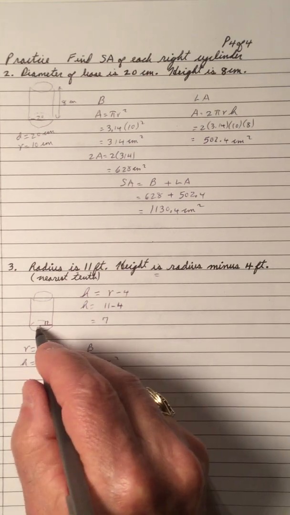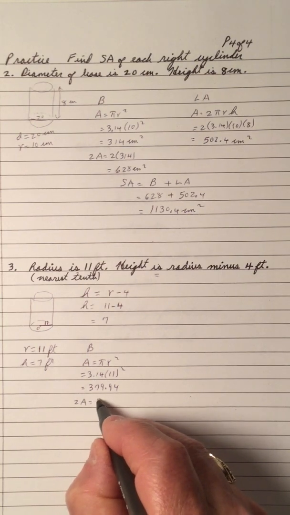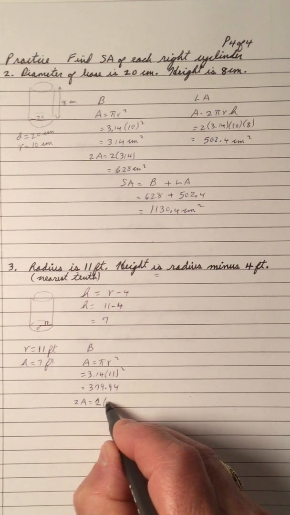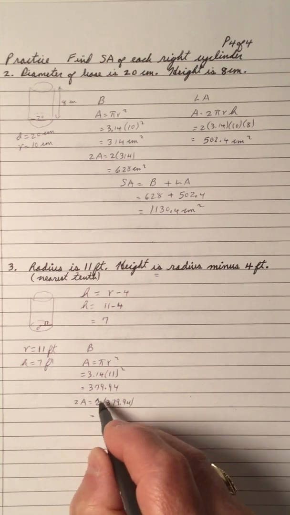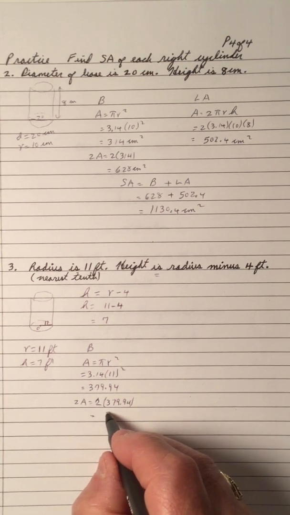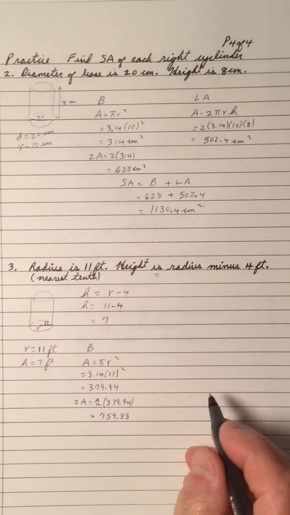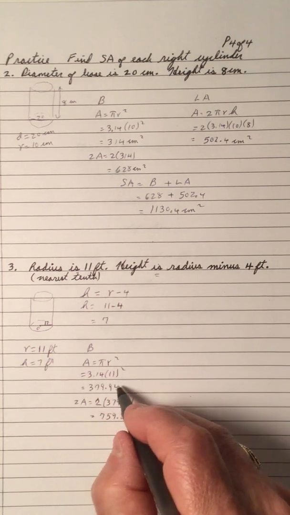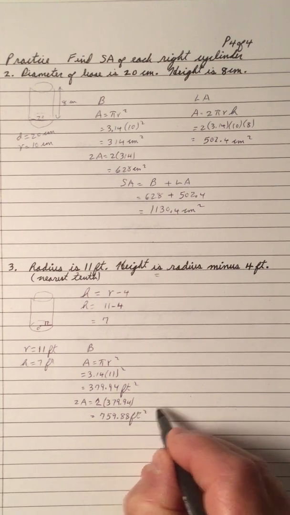And there are 2 circles, one on the bottom, one on the top, so we'll double that area. 2A, 2 times 379.94, and that gives us 759.88. And the area is in feet, so it's square feet.